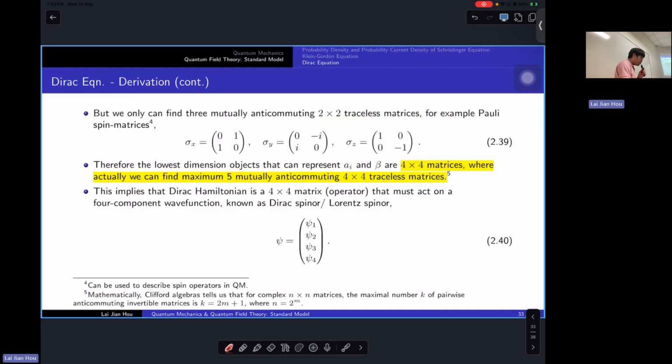So we conclude that the matrices alpha and beta are 4 times 4 matrices. And when acting on psi, the wave function becomes a 4-component wave function. Yeah. Now, do you understand?